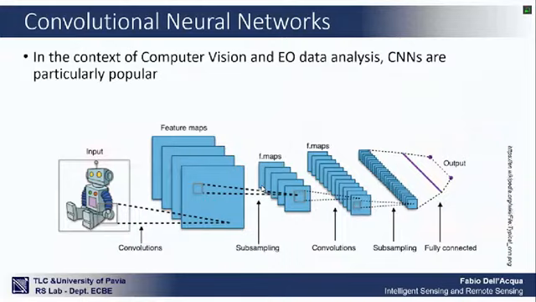You have multiple functions, so you have multiple feature maps. And then you throw away some of the samples, you do the so-called subsampling, and you get to this point, where you have further convolutions, etc.